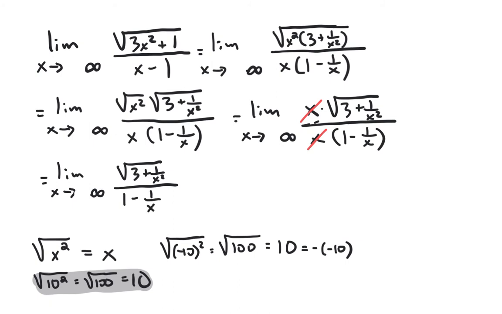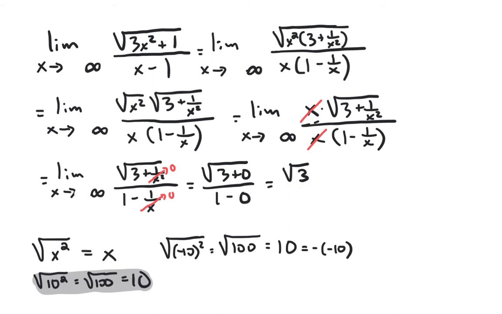And remember, I'm not going to do this formally, but as x gets bigger and bigger and bigger, 1 over x gets smaller and smaller and smaller, so that goes to 0. And this here also goes to 0. So this is like the square root of 3 plus 0 over 1 minus 0. So we get square root 3 over 1, or just square root 3. So as we approach infinity, we get square root 3.